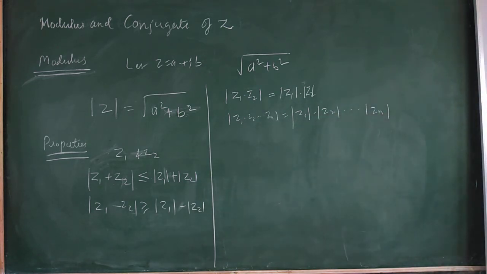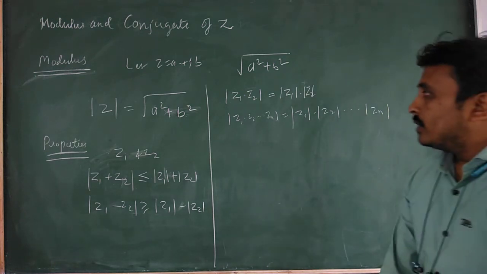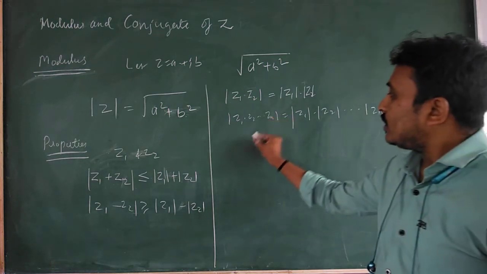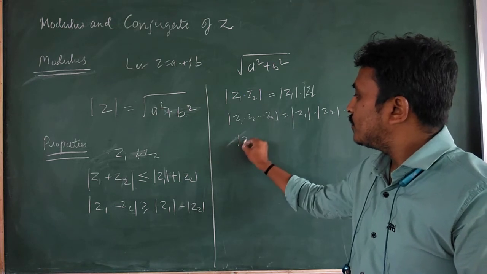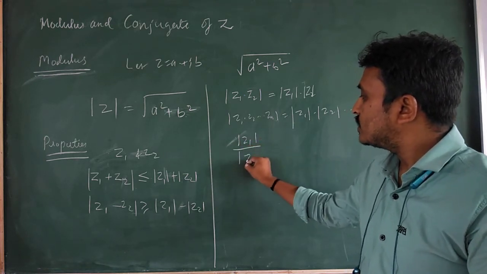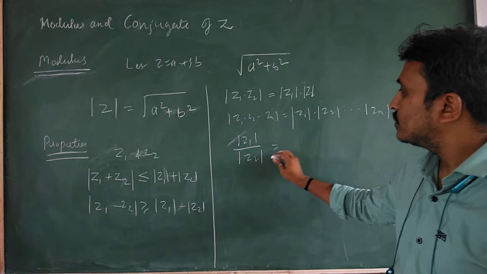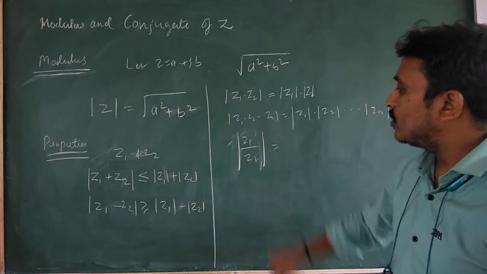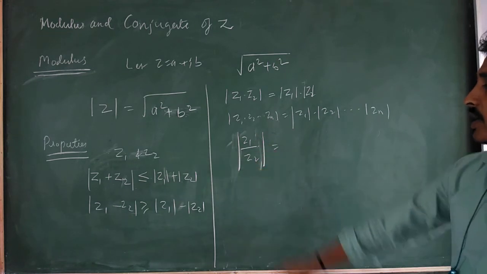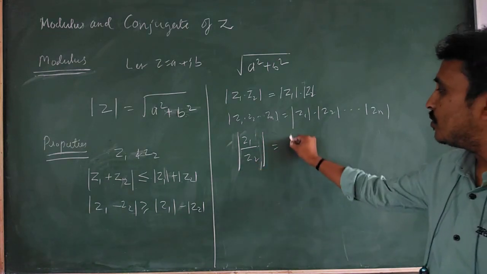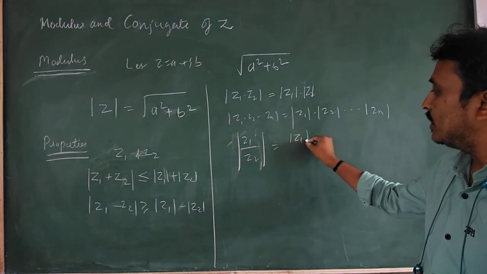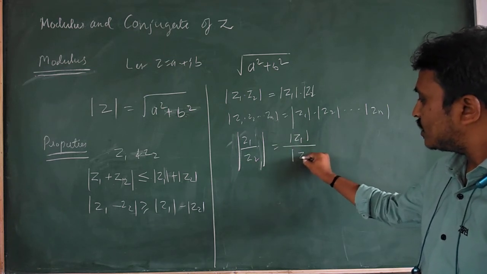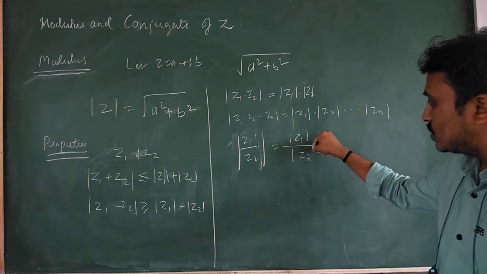This much we can write. Next, modulus of z1 divided by z2 equals modulus of z1 divided by modulus of z2.